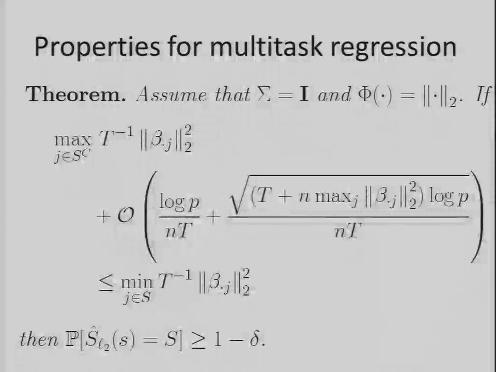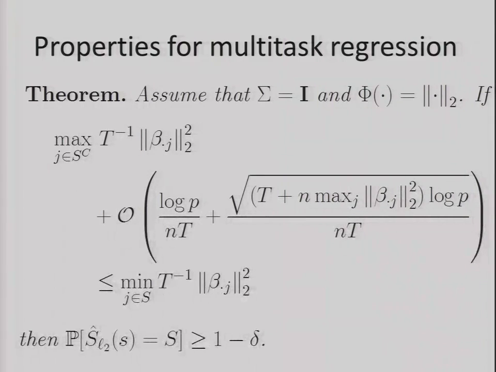Okay, and so the assumptions are sort of complicated, so I'm going to present you only a simplified version of our results. For other results, please refer to the paper. Here I'm showing you only the case where the true covariance matrix is identity, and the scoring function is the L2 norm of the marginal regression coefficients.